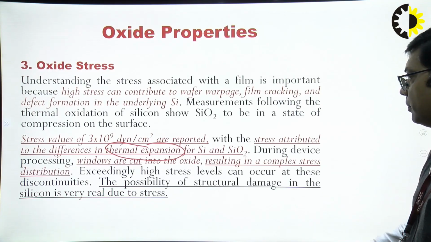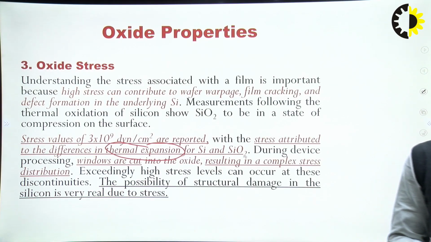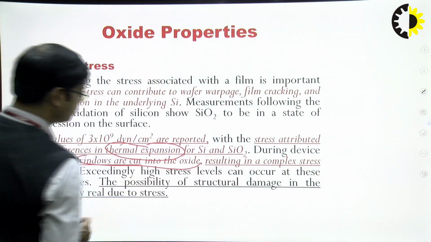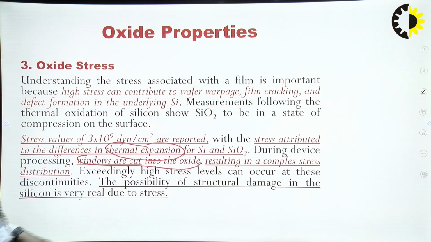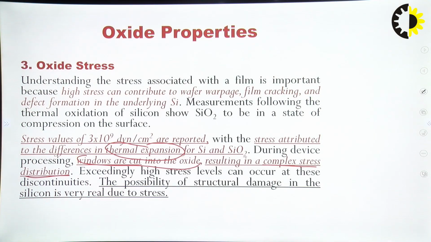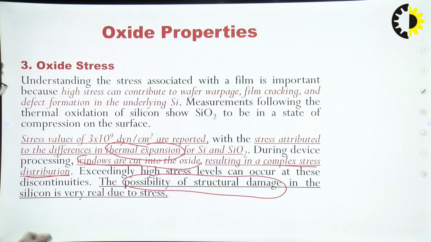Also, the second reason of this stress creation at the interface of Si and SiO2 is when the windows are cut into the oxide. When windows are cut into the oxide, it results in a complex stress distribution, and these high stress levels have the possibility of structural damage in the silicon. So oxide stress should be minimized.